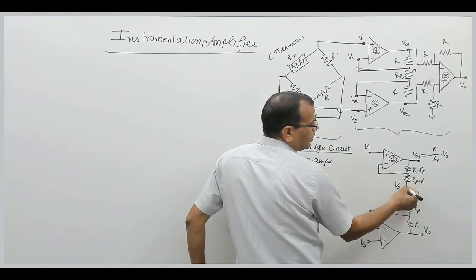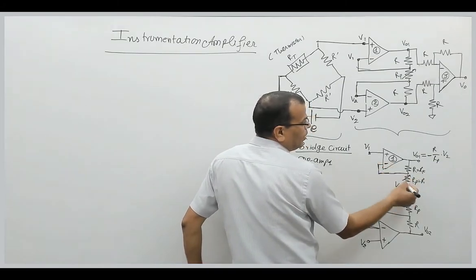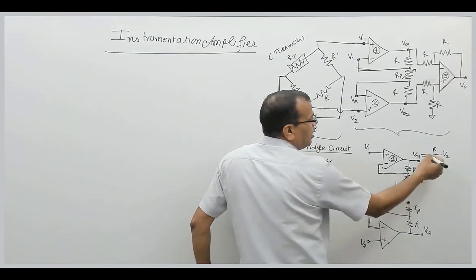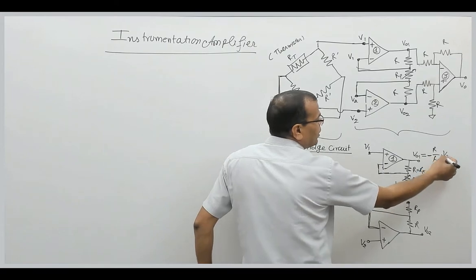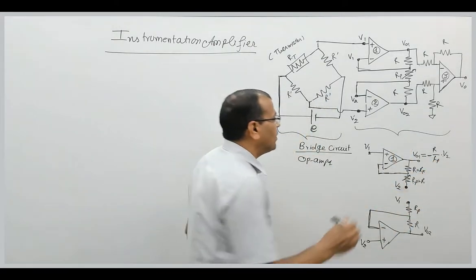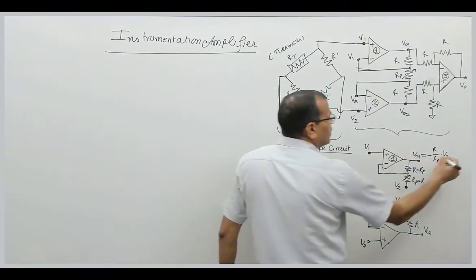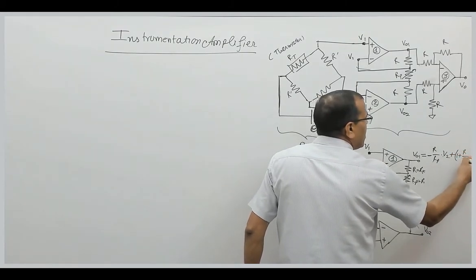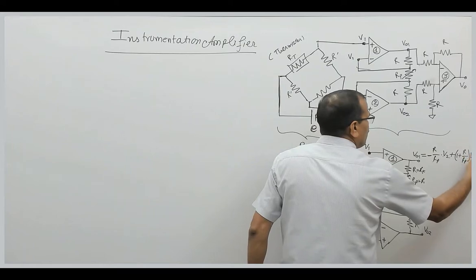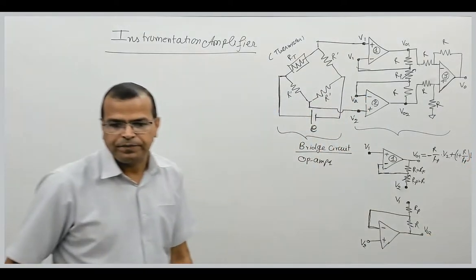So with respect to this terminal, because this is the inverting input, the gain is minus RF by R1. In this case, that is minus R by RP into V2. But what is the gain with respect to this? That is plus 1 plus R by RP into V1. I hope it is clear.